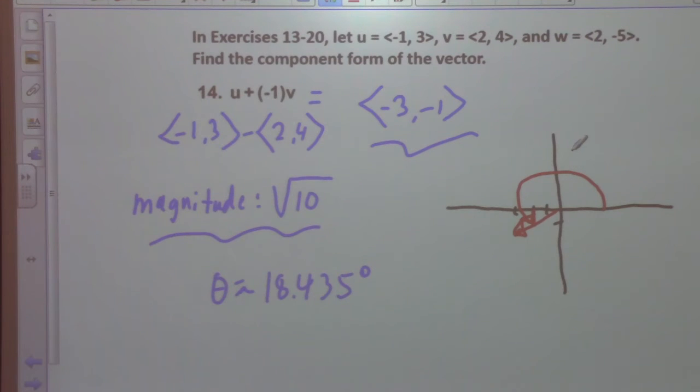Here's our theta. What do we have to do to this? Add 180. So if we add 180, theta is going to be 198.435 degrees.